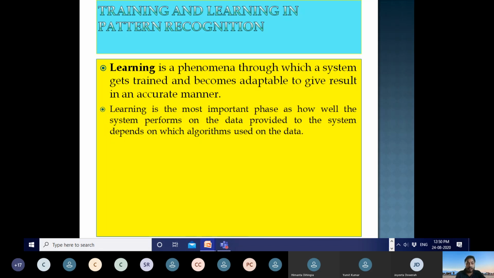What do you understand by the term learning? You must have some idea by now: training the machine with data so that they are able to recognize the objects clearly, properly and accurately. Right answer. Anyone else?